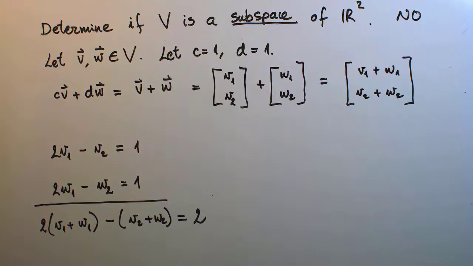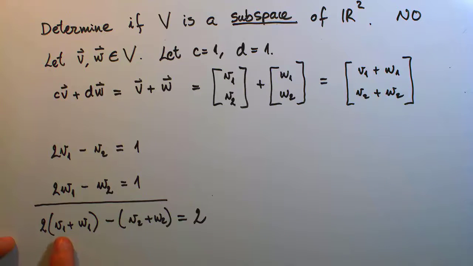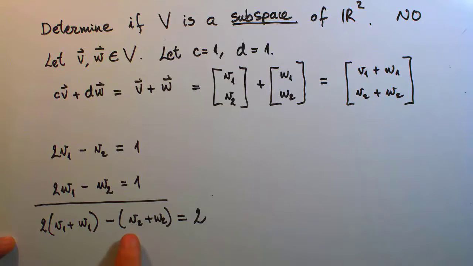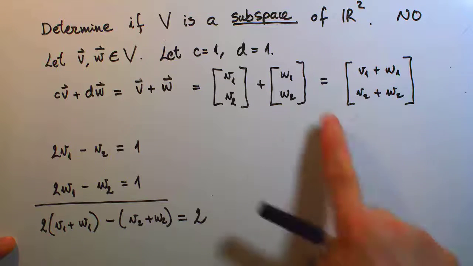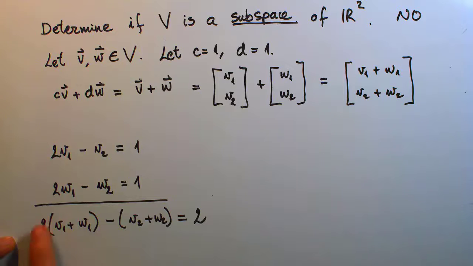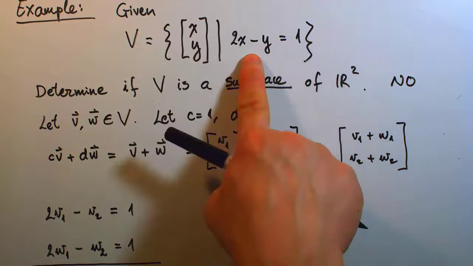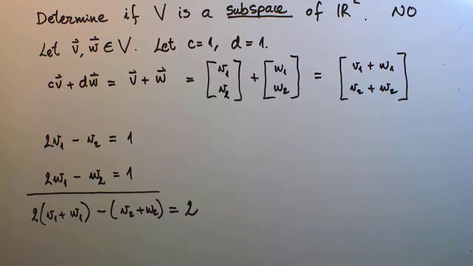And now what do we notice? After we add the two equations side by side, V1 plus W1 is the first component of our sum vector, and V2 plus W2 is the second component of our sum vector. And this is 2 times the first component minus 1 times the second component. It looks like this is the left-hand side part of the requirement to be inside of V. However, unfortunately, this does not equal 1.